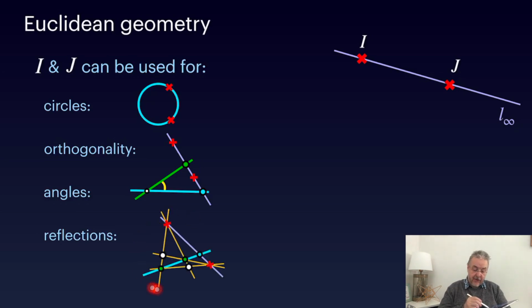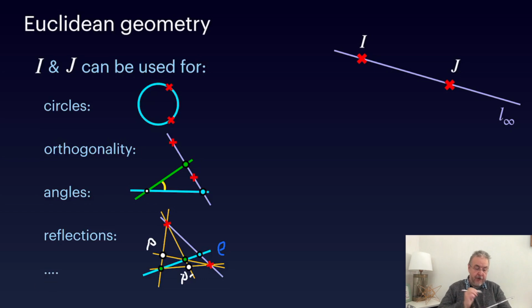Here is a construction of the situation where you have a point P and a line L, and you want to construct the mirror image of P to the line L, and you can completely do that with I and J, and I really invite you to read the corresponding chapters about doing elementary geometry with I and J in the Perspectives on Projective Geometry book.